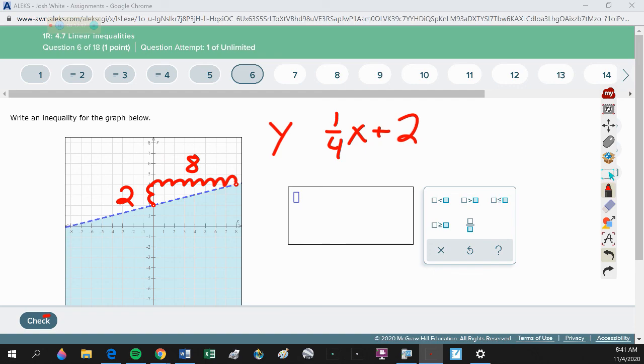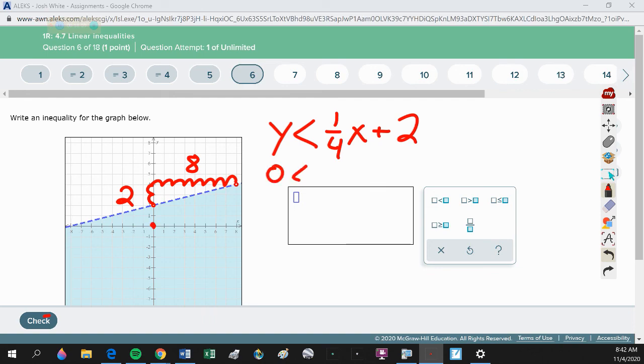And then what's my symbol going to be? What'd you say? I think you were right. Less than. Okay, it's not equal to. How do I know it's not equal to? It's dotted. Okay, and then look at 0, 0.